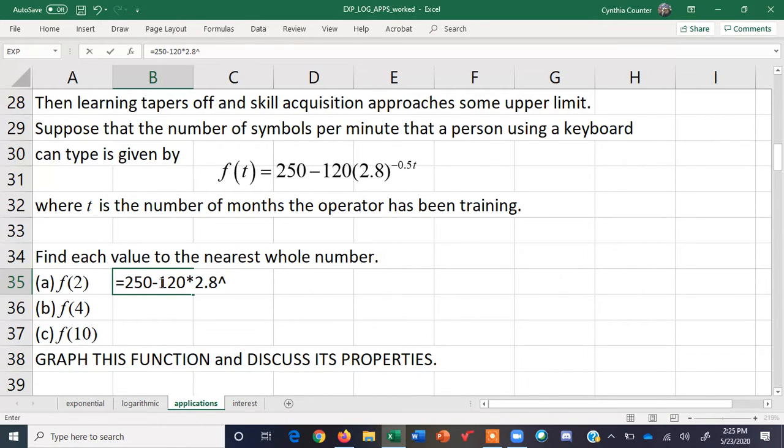Shift 6 gives the caret, that gives us our power. Put it in parentheses if there's going to be an operation also in the exponent, which there is because we are taking our negative 0.5 and multiplying it by 2 months.